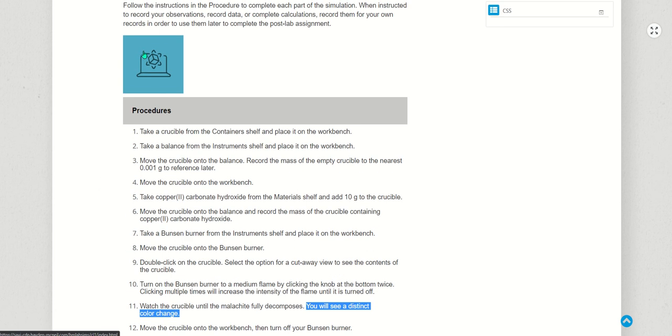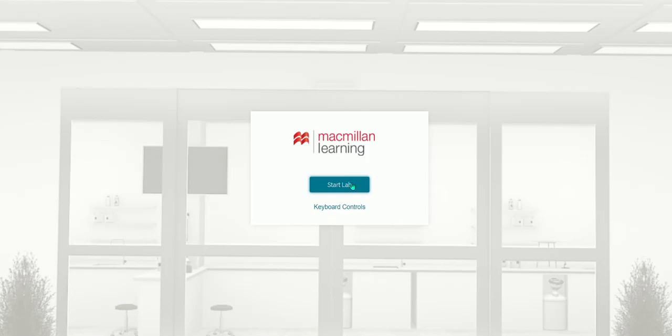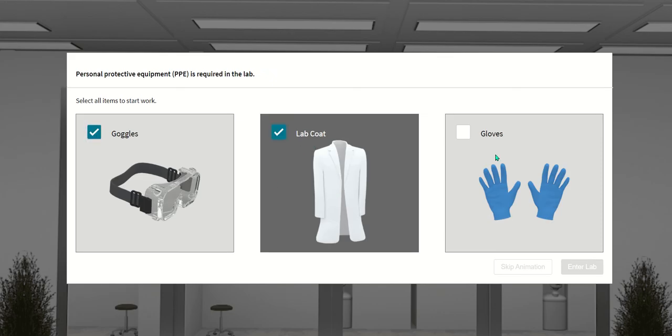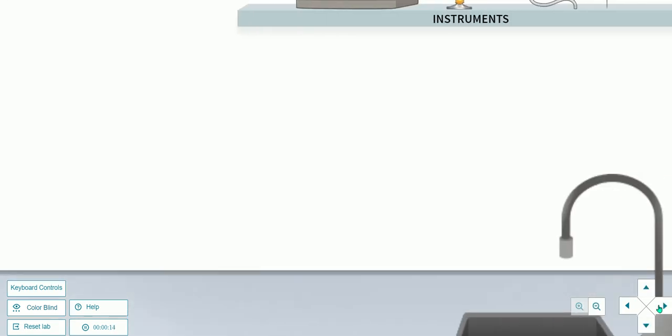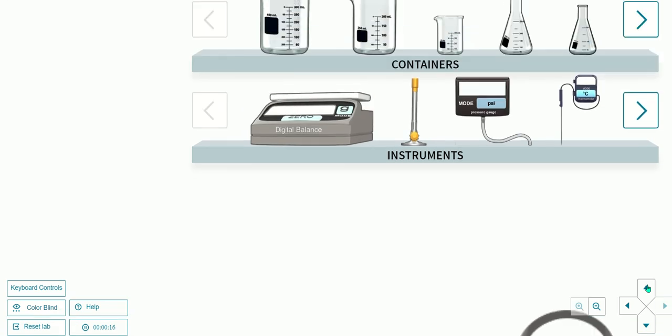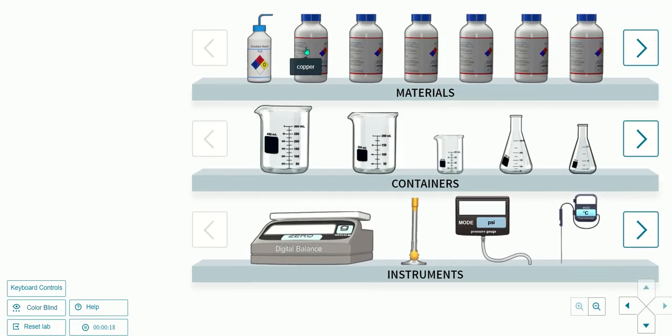So I'm going to go into the lab sim just to point out where the malachite is. Start lab. As always, you're going to put on your PPE. I'm going to skip the animation. This giant cursor I have is messing things up. Let's try to zoom in. Always troubleshooting, even me.